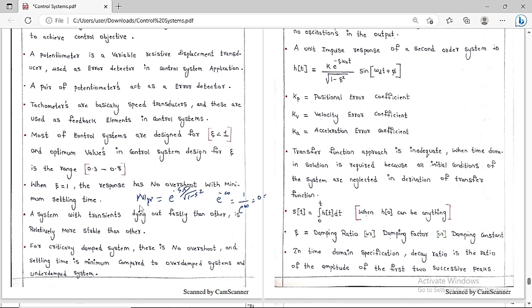The next point is that a system with transients dying out faster than another is relatively more stable than the other. Suppose you are comparing two systems.